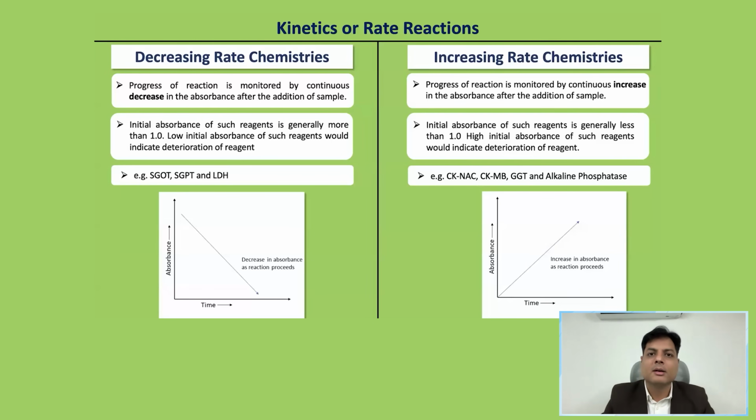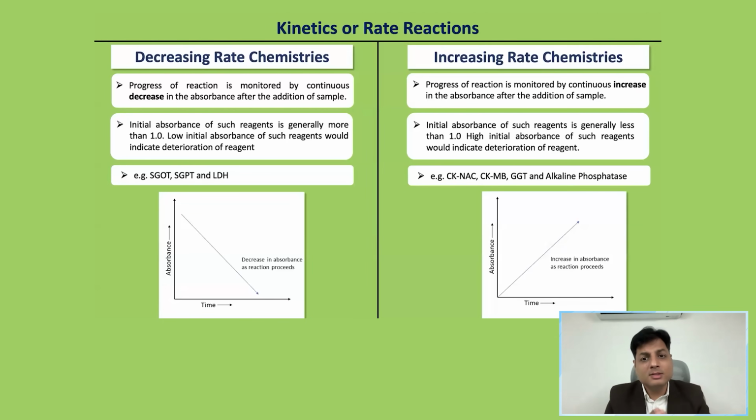The reason being, if we plot the graph of time on the x-axis and absorbance on the y-axis, during the initial time of the read time, the amount of product formed will be low. But when the reaction progresses, the amount of product formed will be high. Therefore, OD number 2 will be higher than OD number 1.